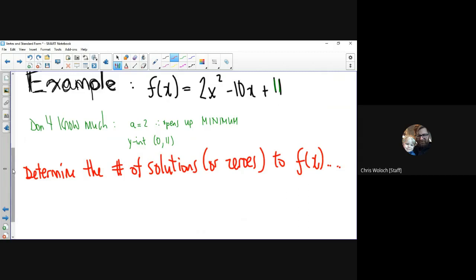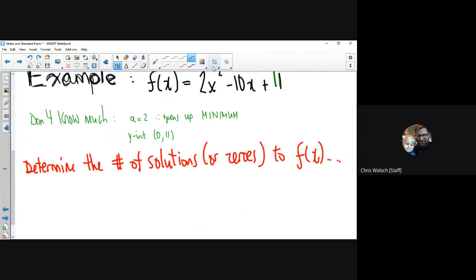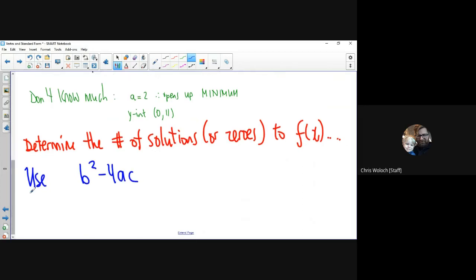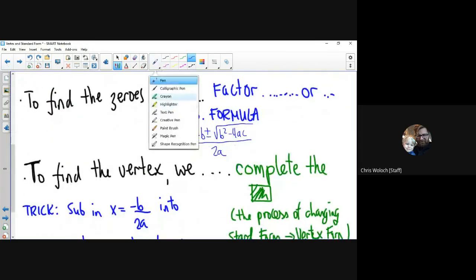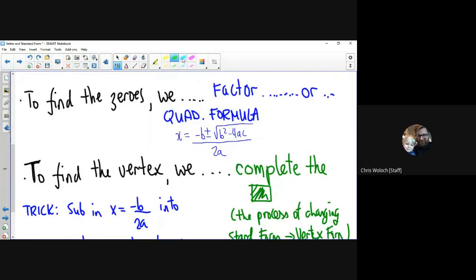So that's where we essentially will use the discriminant, so b squared minus 4ac. And again, this is from the quadratic formula right here, and I'll highlight the part.